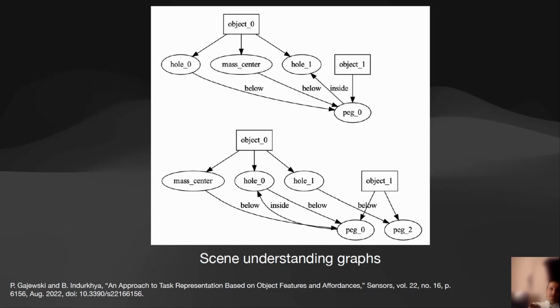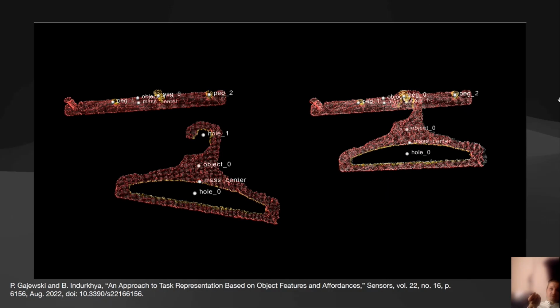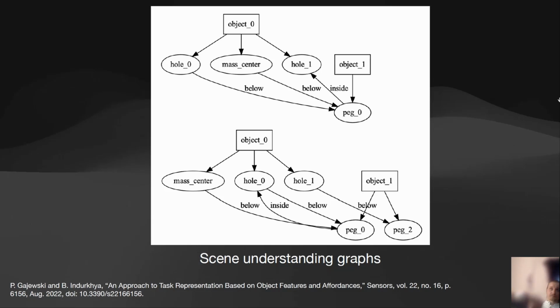Those two graphs represent scene knowledge from the first demonstration, before the execution and after the execution. So we have an object, and again, the system doesn't know what kind of objects we are using.